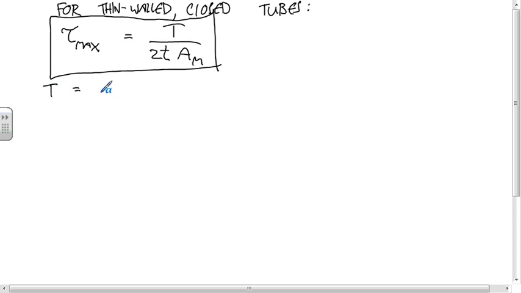So T is that internal torsion. Little t is the thickness at your desired point.